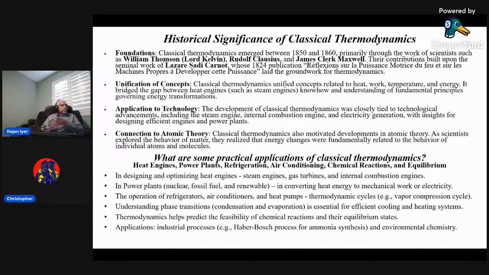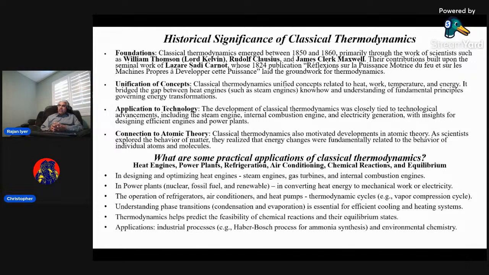So historically, we are emphasizing the historical aspects of the physics here. The foundations were based on Carnot's original publication. The classical thermodynamics emerged between 1850 and 1860.